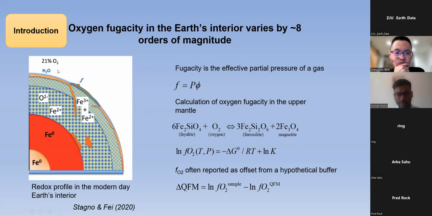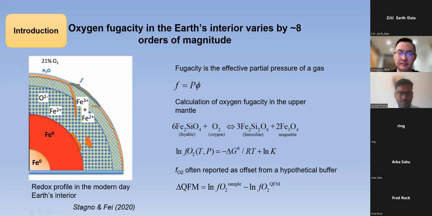As we know, the atmosphere is quite oxidized. It has 21% oxygen. It has free oxygen. But as we go into the Earth, the oxygen is bound to the minerals of the upper mantle, and in the very shallow part of the upper mantle, you have a considerable amount of both ferric iron and ferrous iron. But as you go deep into the upper mantle, the amount of ferric iron goes down, and ultimately the mantle becomes saturated in Fe0, which is metallic iron.